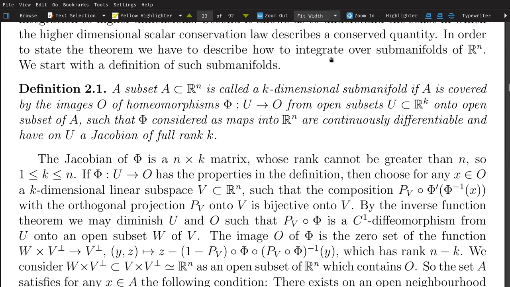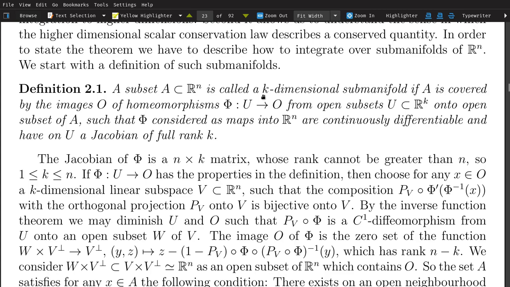A subset is called a submanifold if it's covered by images O of homeomorphisms onto open sets that are continuously differentiable and have full rank. Okay, so what does this mean in more natural language? A subset is called a submanifold if it's parameterized by a continuously differentiable function of k variables. Then it becomes a k-dimensional submanifold.